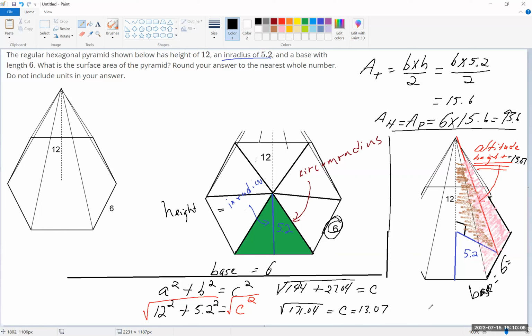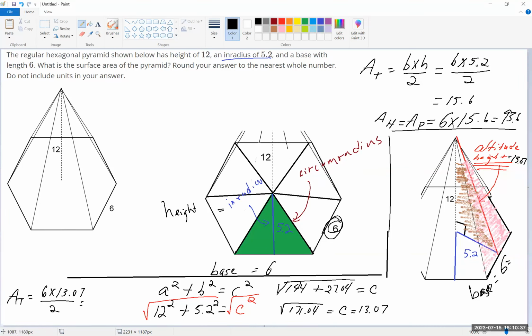Now, and I'm going to do it way over here, the area of my triangle, and this is my pink triangle, is base times height over 2.